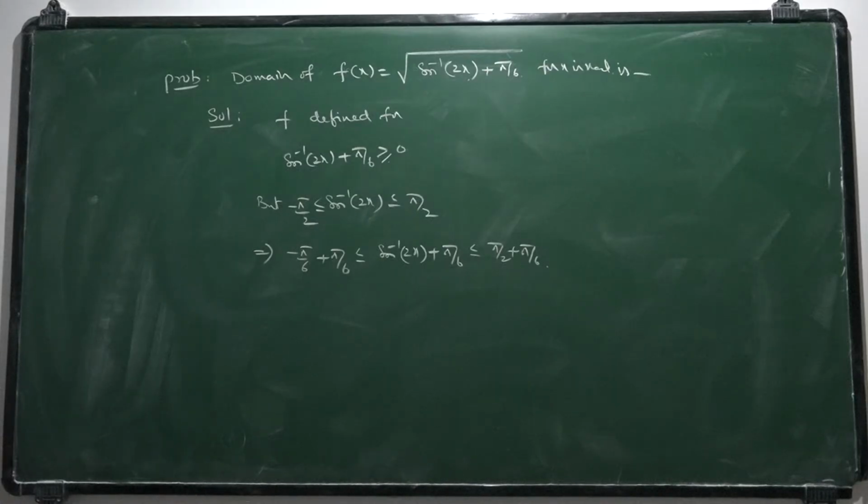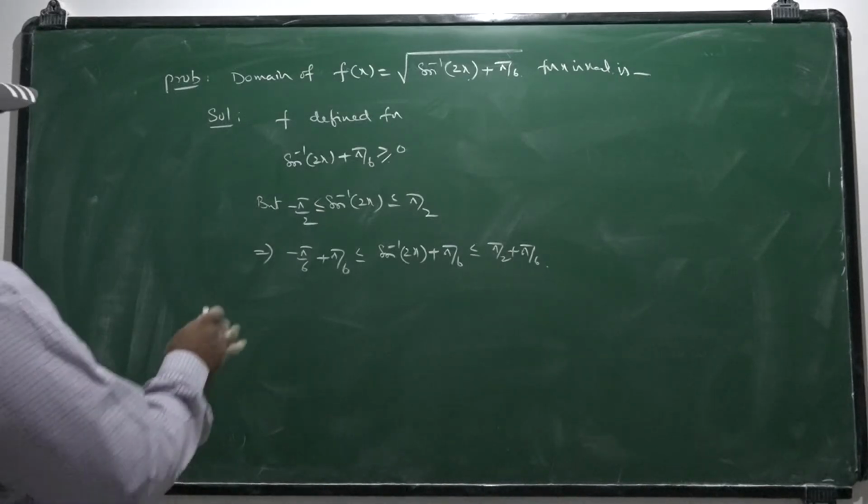Sin inverse of 2x always lies between minus pi by 2 and pi by 2, where 2x lies between minus 1 and 1.